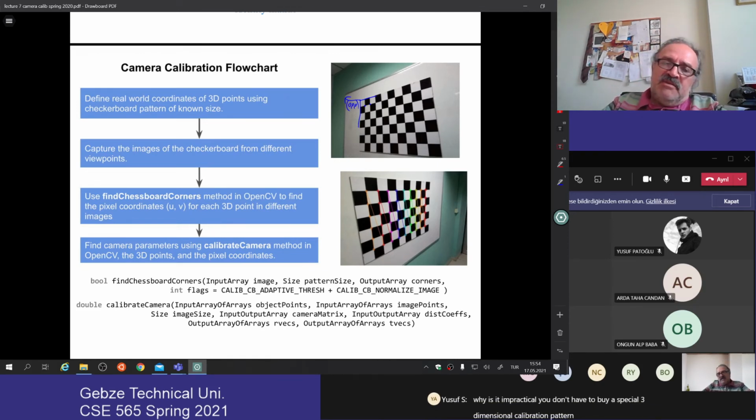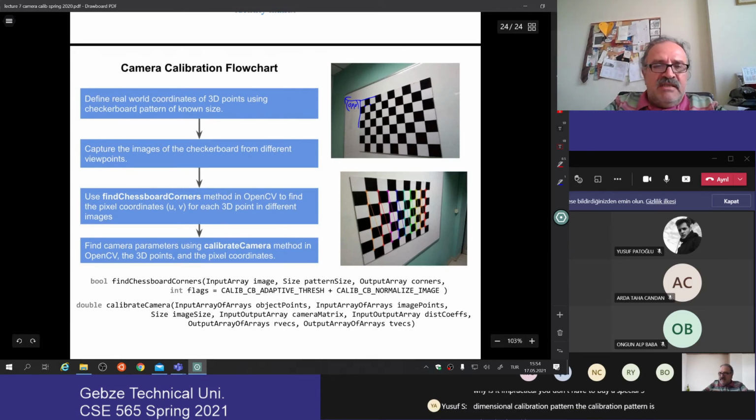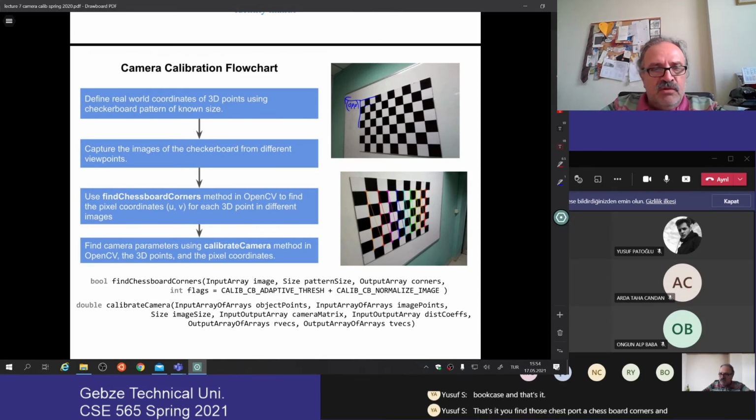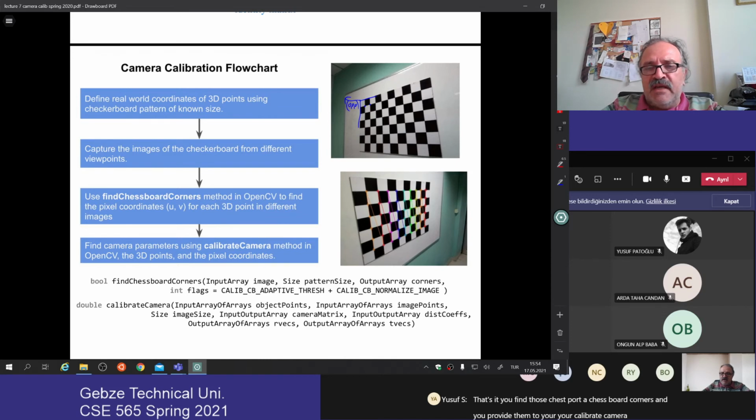The calibration pattern is printed using a simple laser printer and a piece of paper, and you put that piece of paper on a planar object like a bookcase, and that's it. You find those chessboard corners, and you provide them to your Calibrate Camera routine, and it works very nice, very robust. And the more points that you provide, the better your algorithm will work. And on top of it, it gives you the distortion coefficients too.